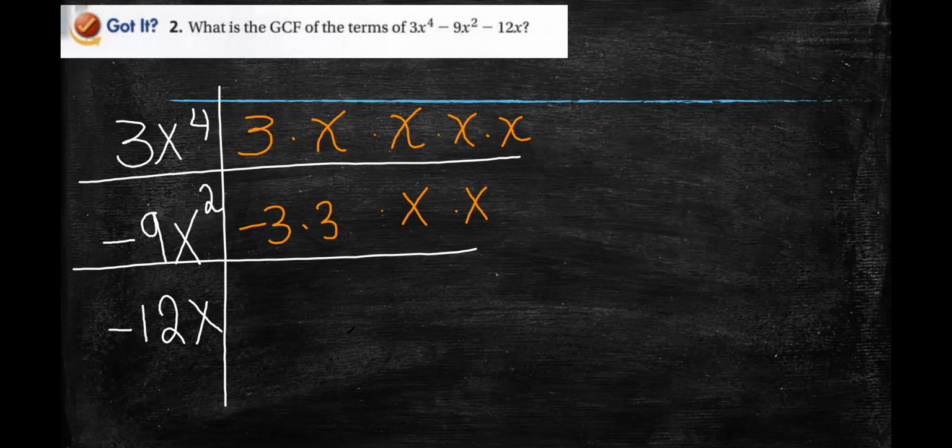What do we have now? We have 12x. Multiplied by negative 2, multiplied by 2, multiplied by 3, multiplied by 1x. Is it right? Yes.